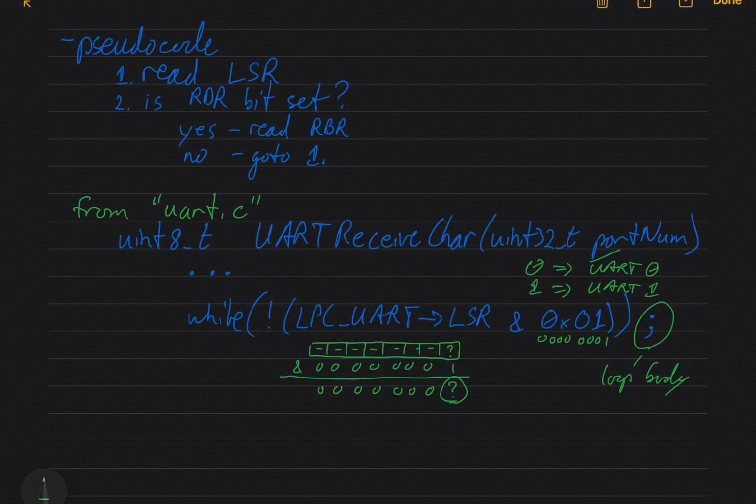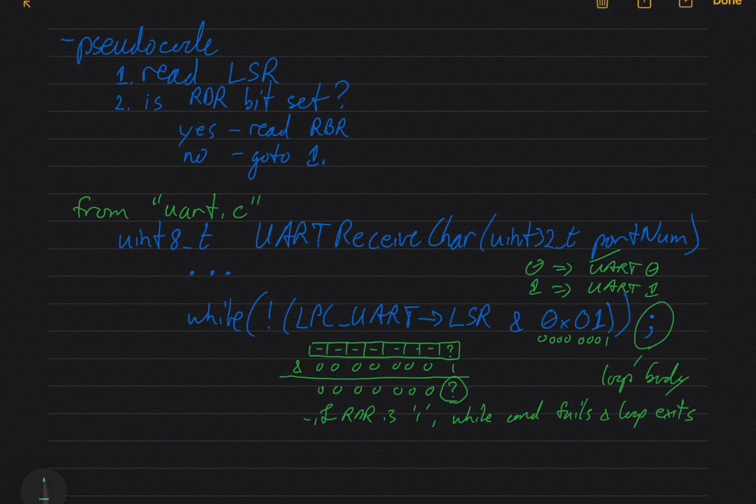It just keeps reading that LSR and checking that one bit to see if it's 0 or 1. So if the RDR is 1, then the while condition fails and the loop exits.